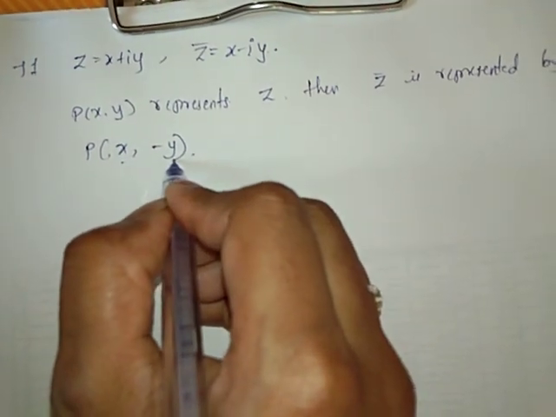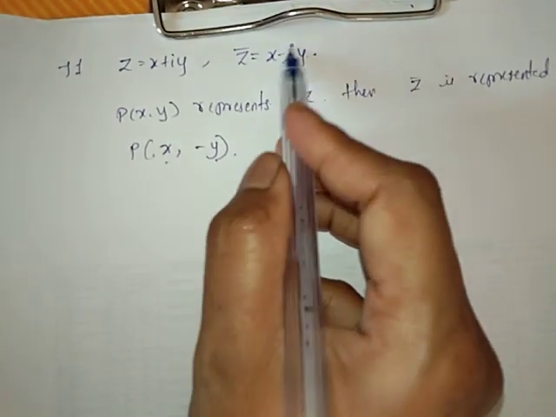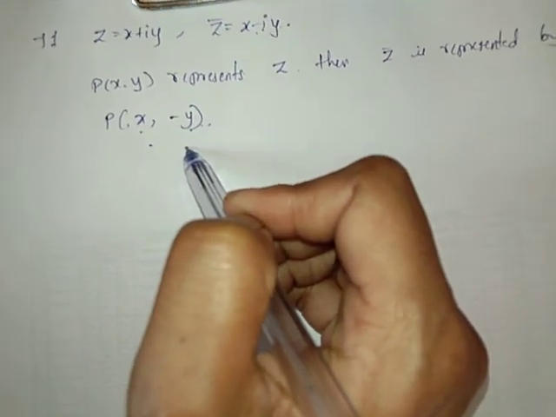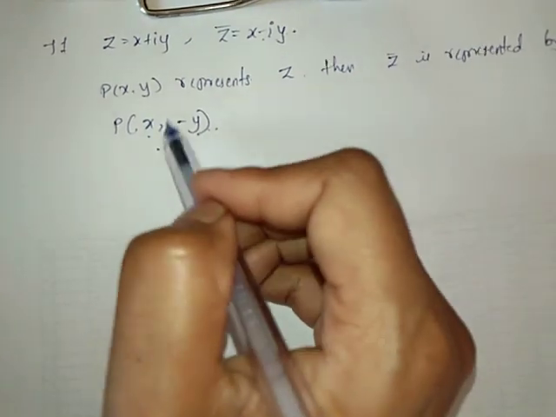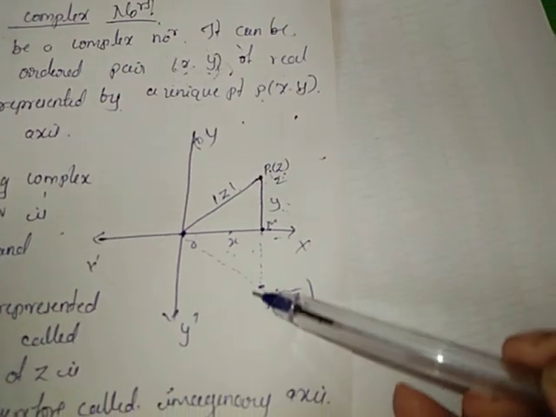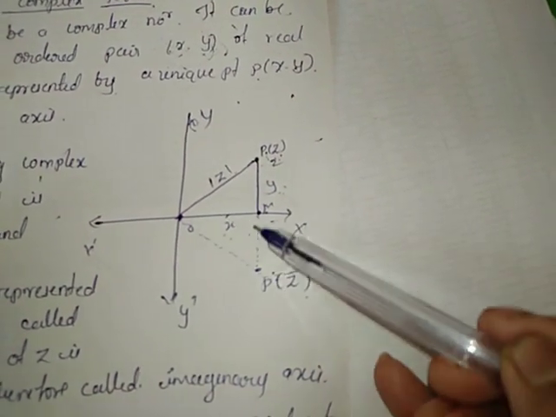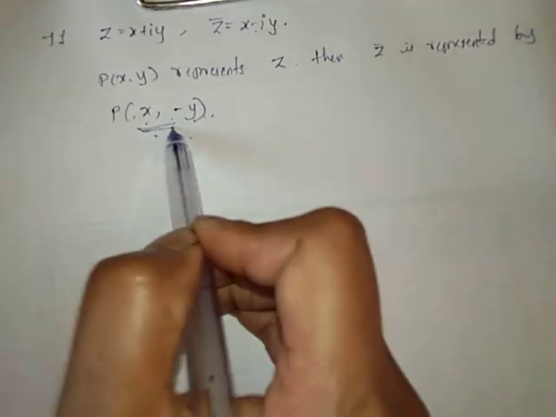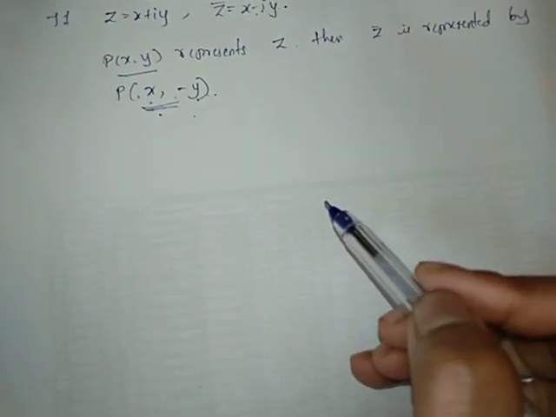The real part is the same, but in z bar the imaginary part is negative. So it is represented by P of x comma minus y, which is the image of P. As we represented in the previous diagram, this is the image of this triangle OPM. Clear? This is called the image of point P.